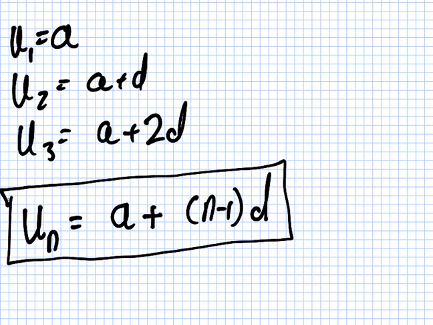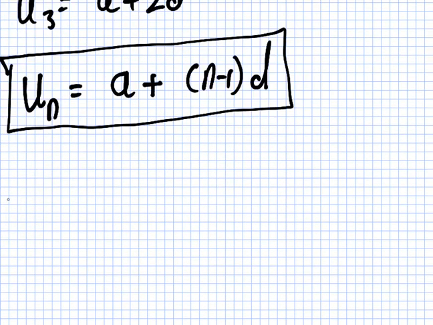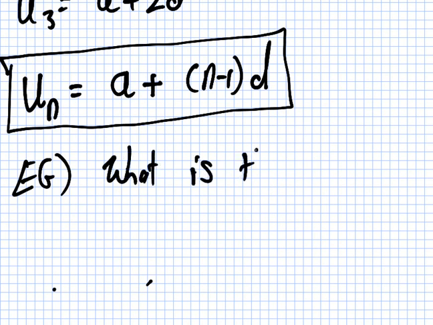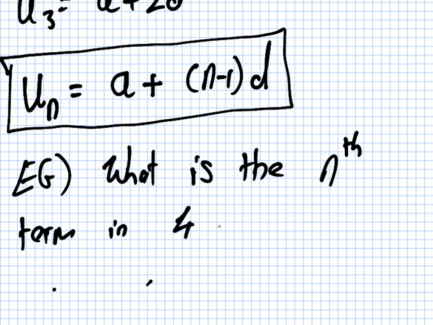So let's have a look at an example here using this. For example, what is the nth term in 4, 6, 8, etc.? Okay, so let's look at the answer.